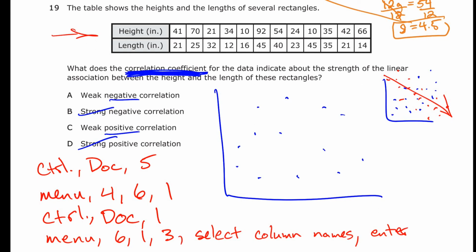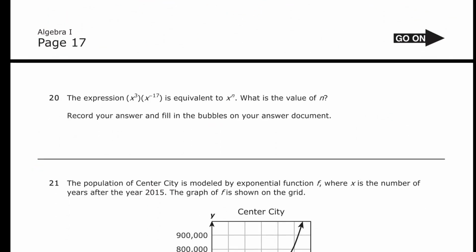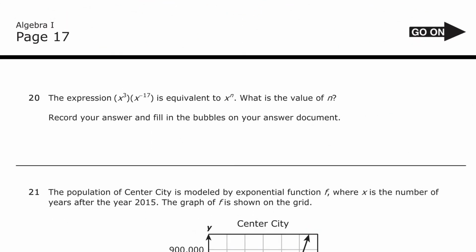It will give you a list of numbers, and the R is the correlation coefficient. That's the one you'd be looking for. In this case, it would be a weak correlation. That is a process that would just take practice, lots of different buttons to be pushing.